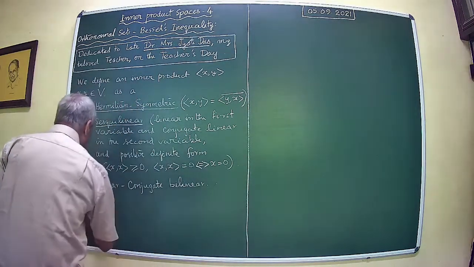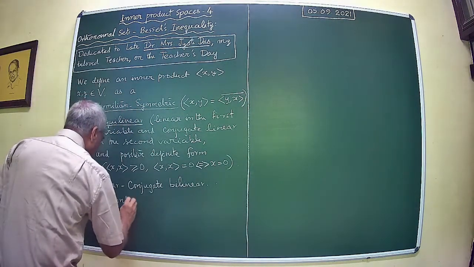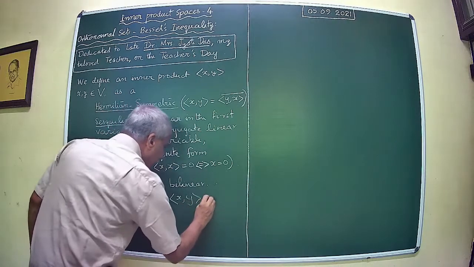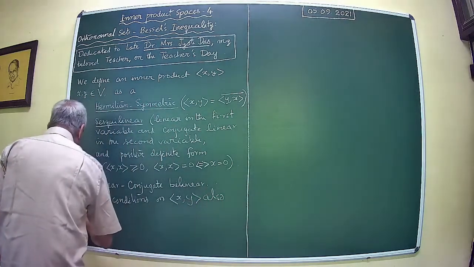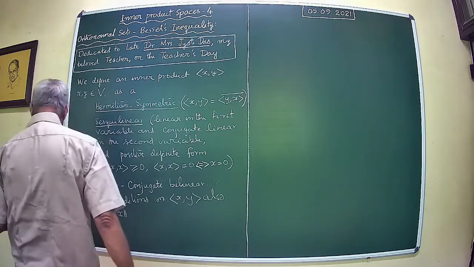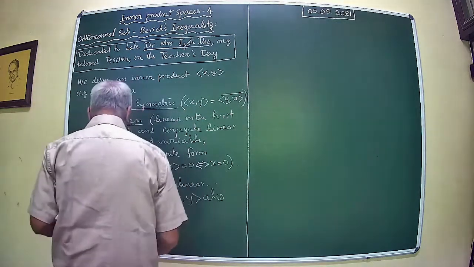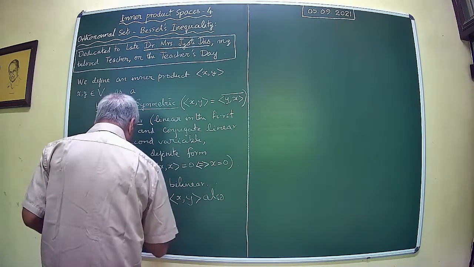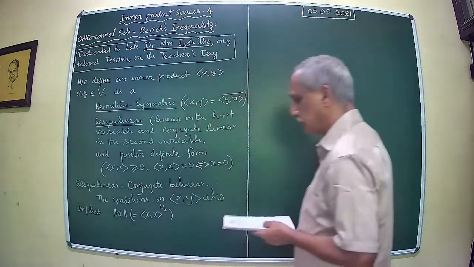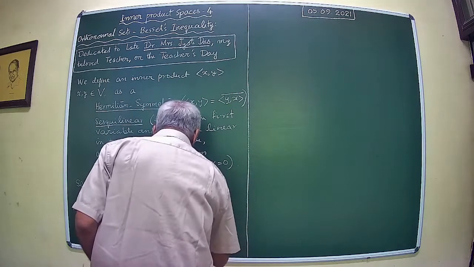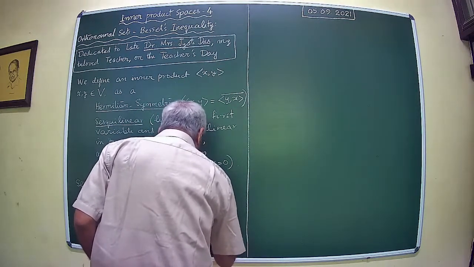Now the conditions also imply that norm x, which is equal to the inner product of x with x to the power half, satisfies the homogeneity property.